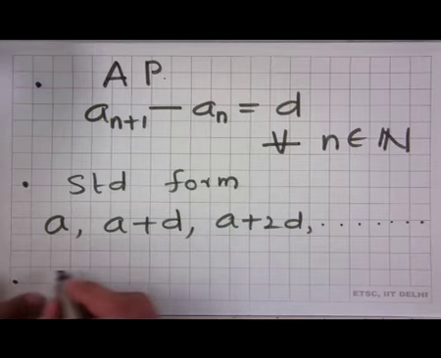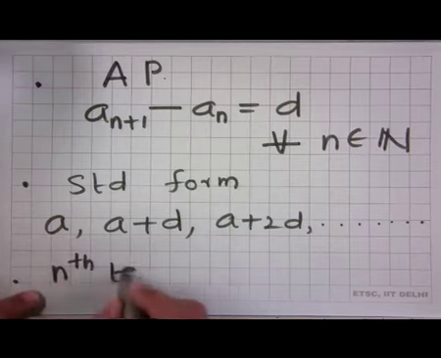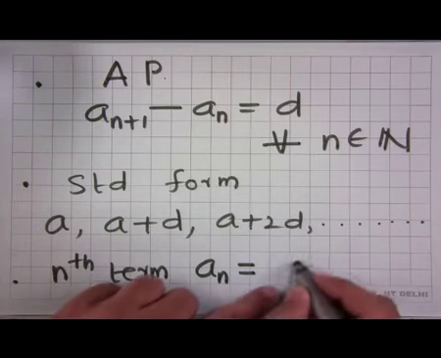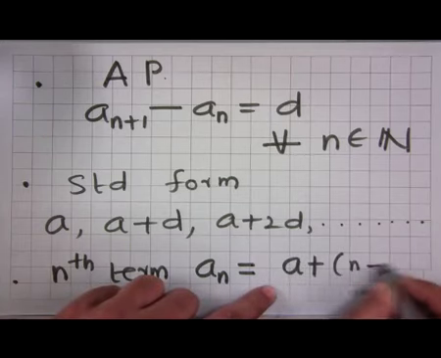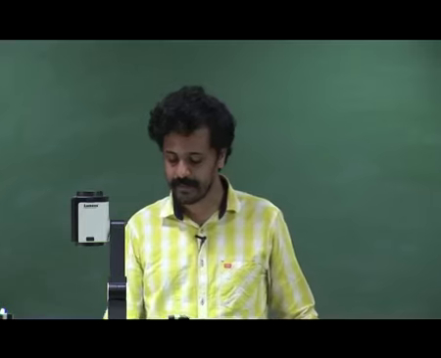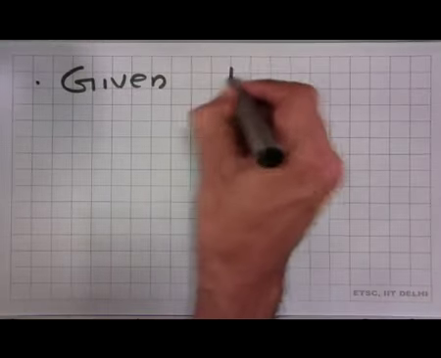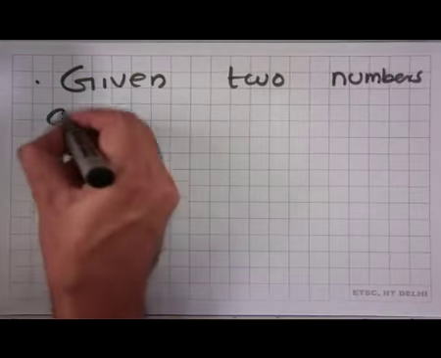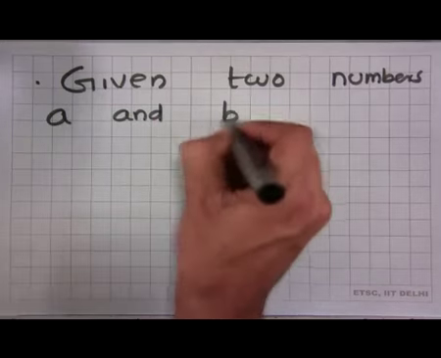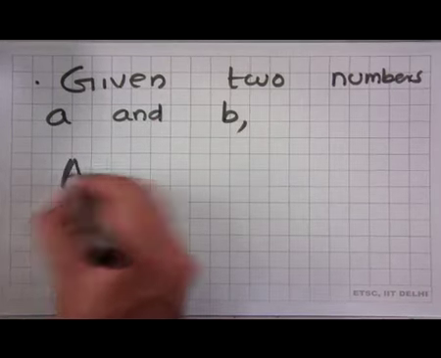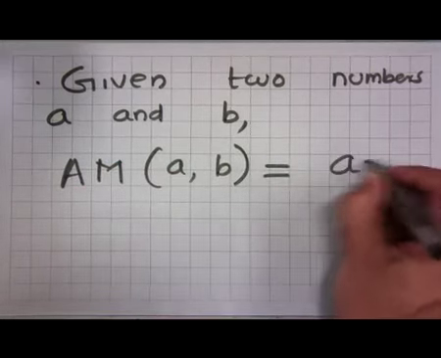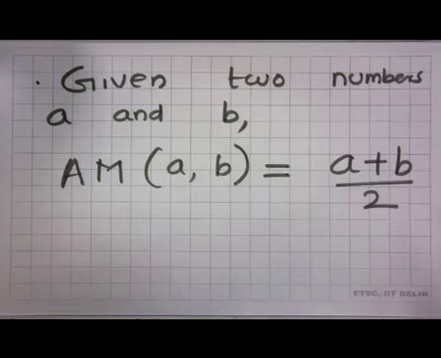The nth term an is given by the formula a plus n minus 1 into d. Given two numbers a and b, the arithmetic mean of a and b is given by the formula (a plus b) by 2. This is just for a quick recap.